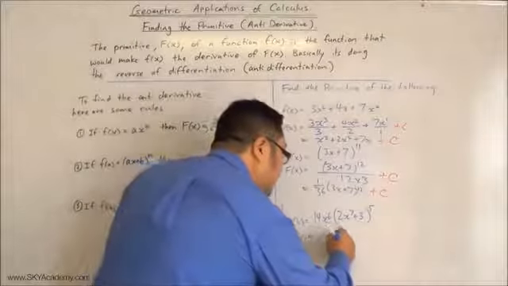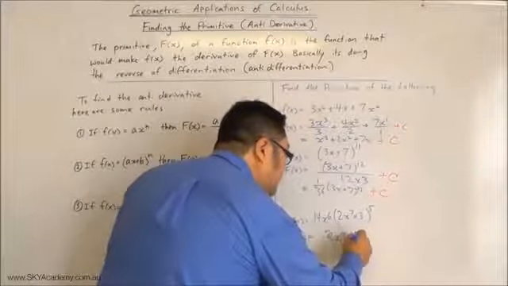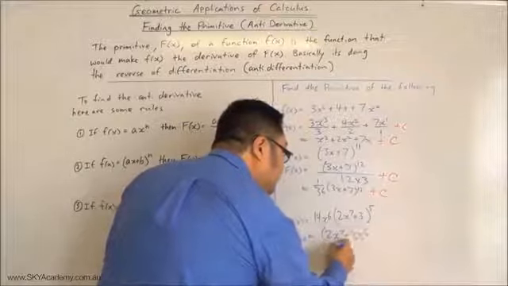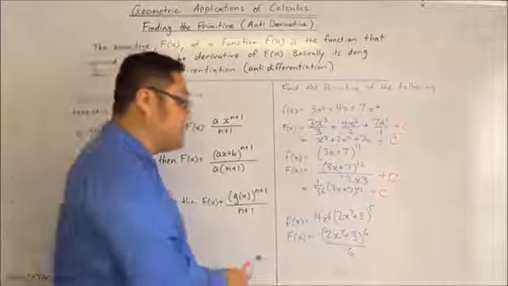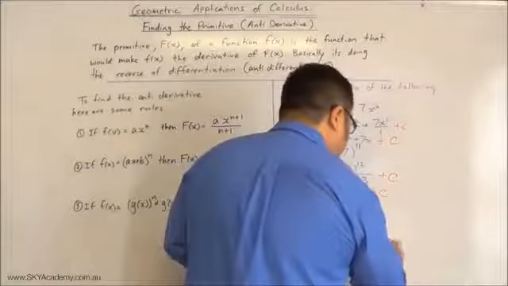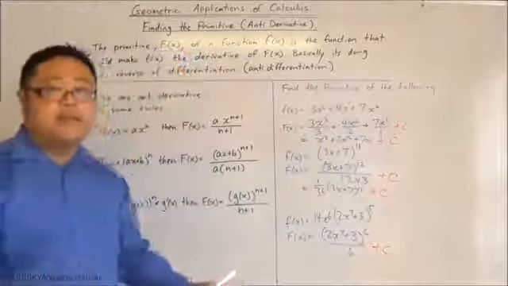So 2x to the power of 7 plus 3, all to the power of 6, divided by 6. That will be your answer, so long as we remember to add the c on the end.